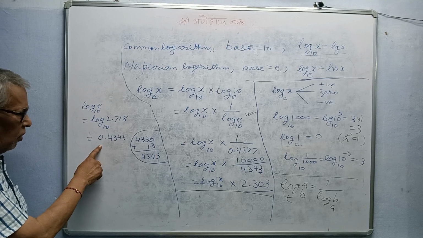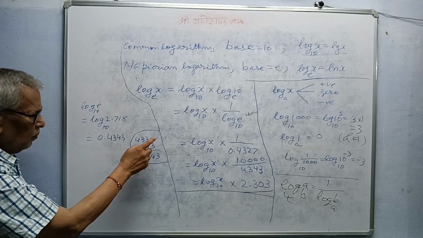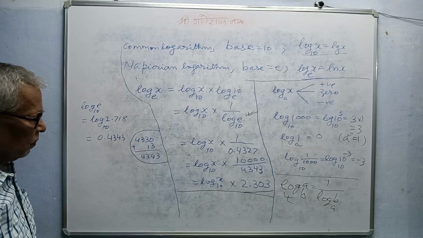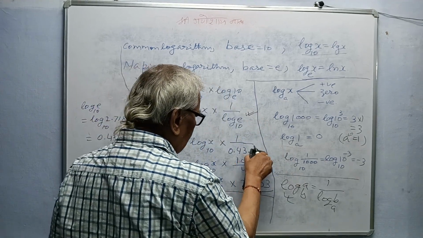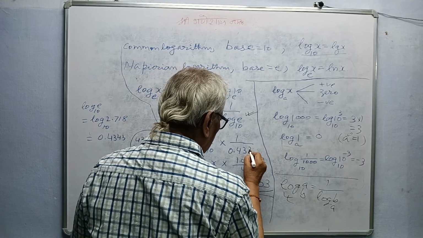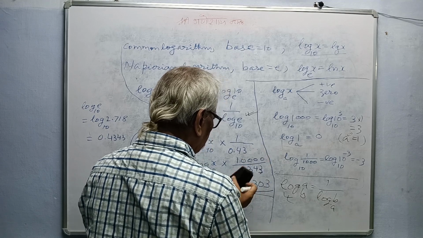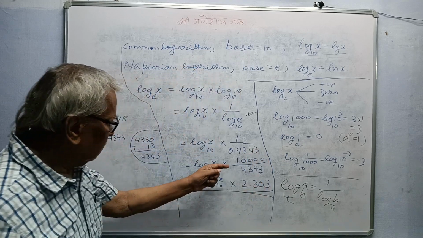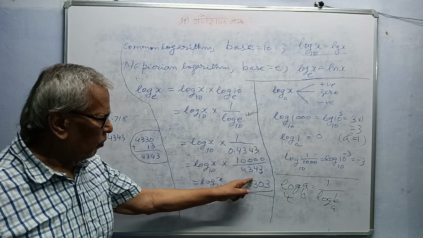So the characteristic is 0, and the mantissa is 0.4343. So 1 by 0.4343 is 2.303.